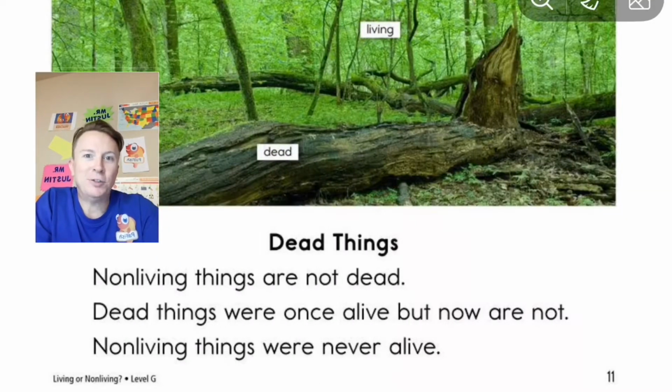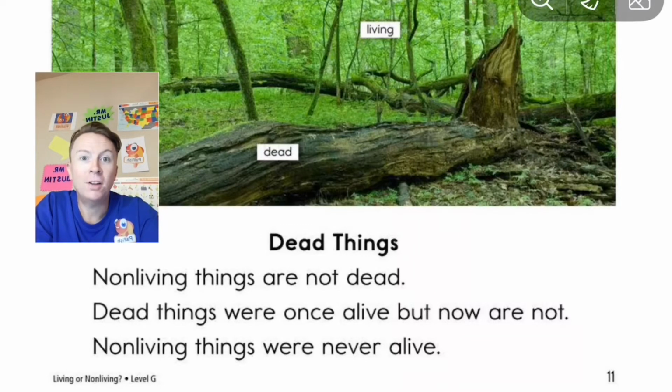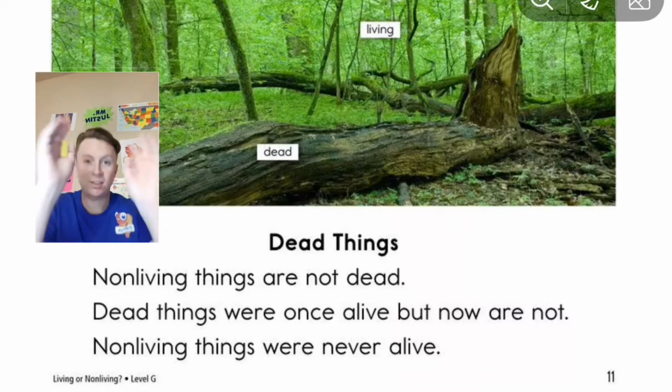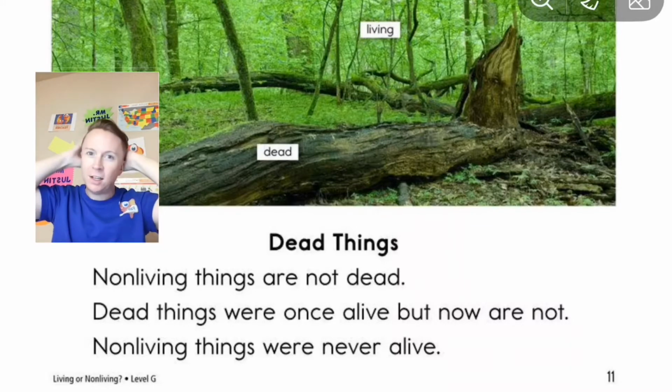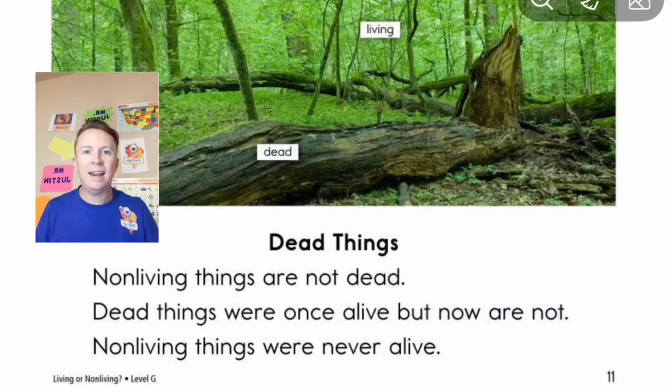Well, now here's an interesting page. Dead things. Non-living things are not dead. All right, just take that in for a moment. Non-living things are not dead.